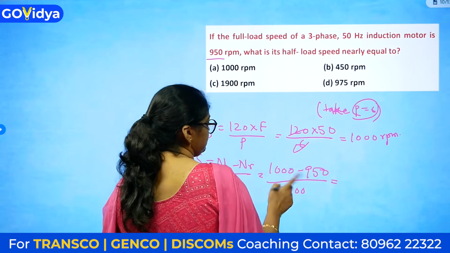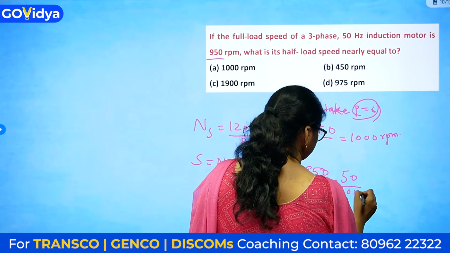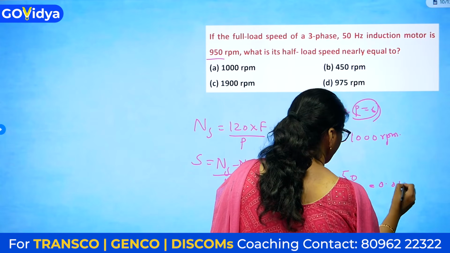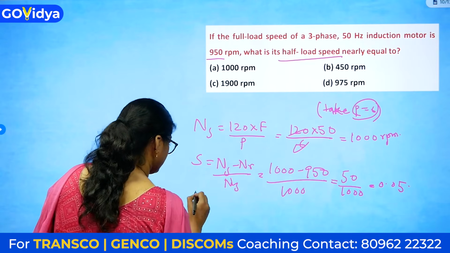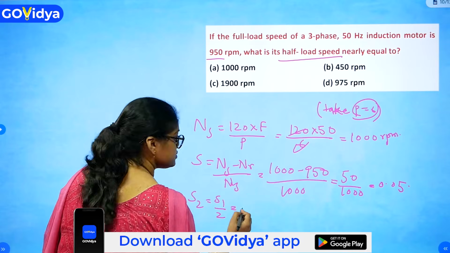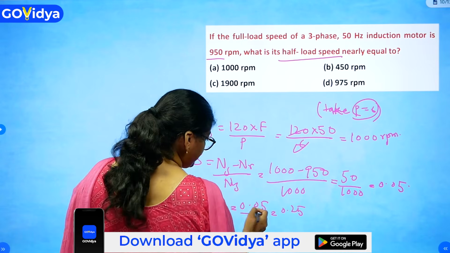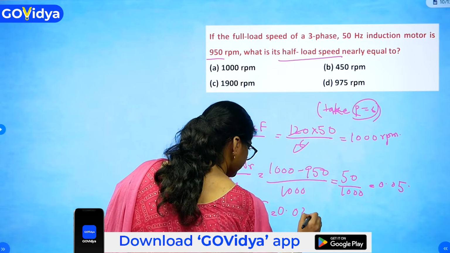So 50 by 1000, you will get 5 by 100, 0.05. But in the question they have asked about the half load speed. So the slip S2 is equal to S1 by 2. So 0.05 by 2, you will get 0.025.